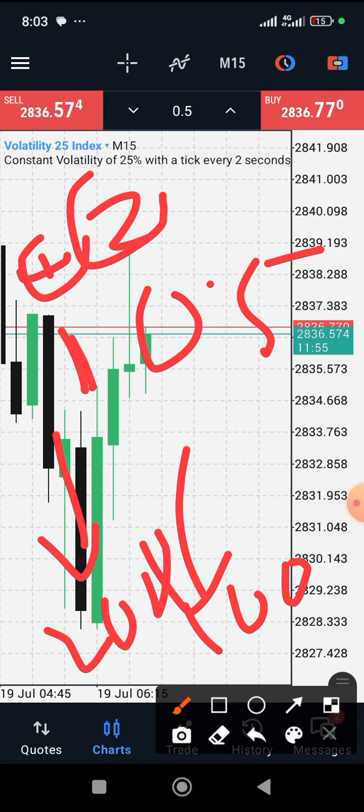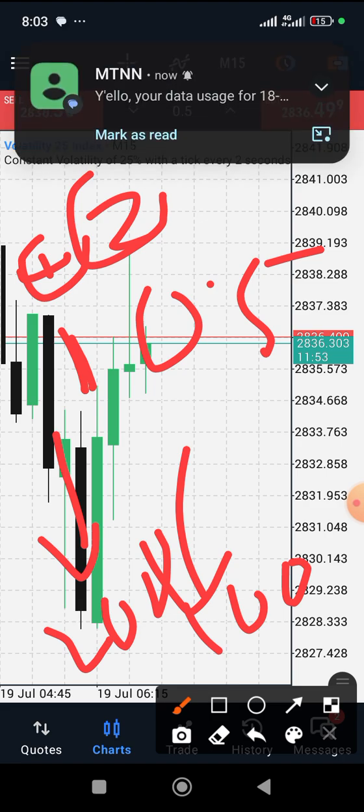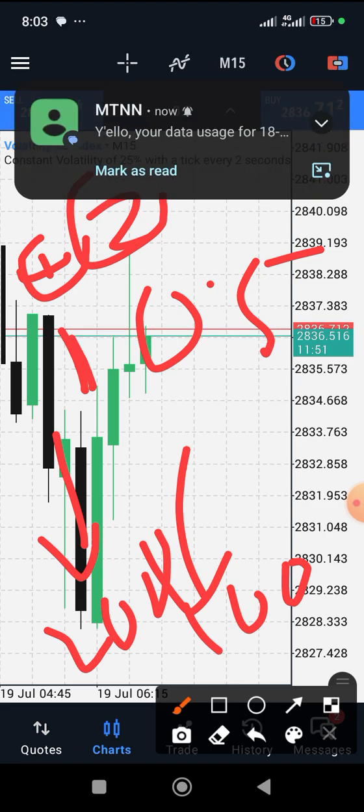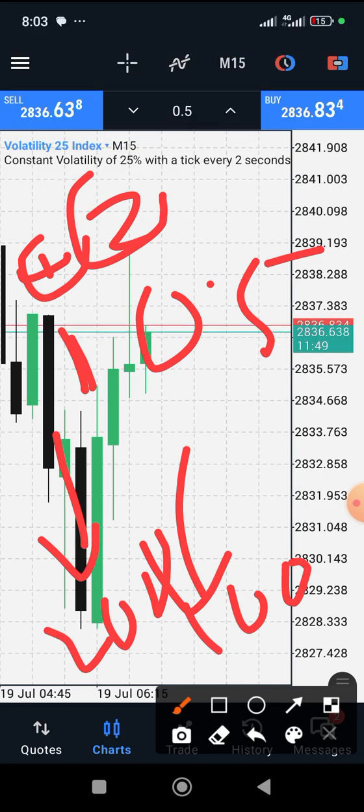So this is what lot size is. A trade where you use 0.5 lot size risks $2 to make $100. If you use one lot size for that same trade, you'll be risking $4 to make $200.